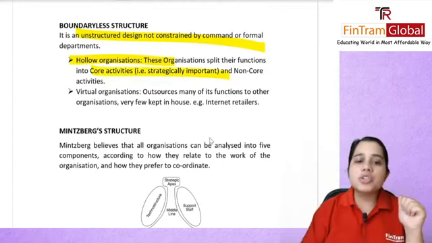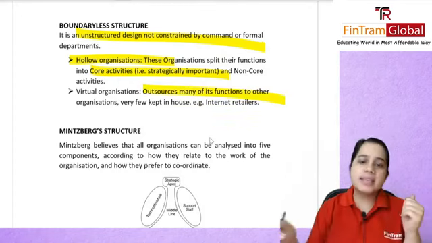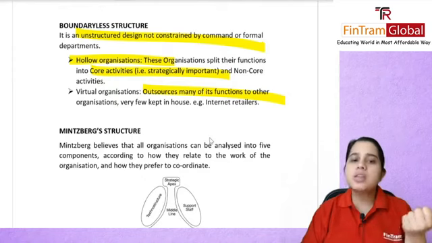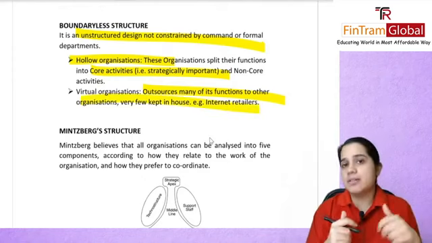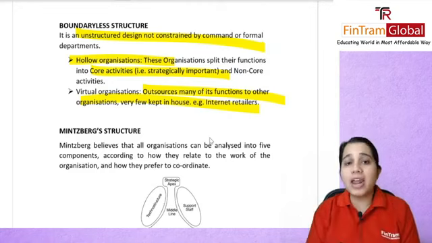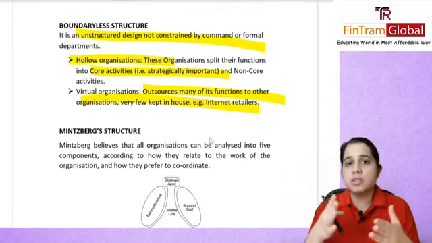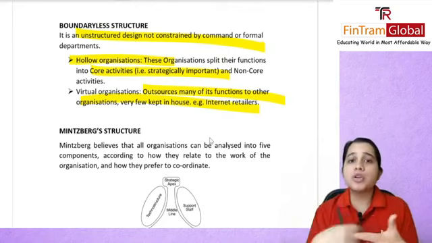Your virtual organization will outsource most of their functions to any other third party or organization, and only a few they'll keep in-house. The best example for this is your internet retailer. The companies that you do online shopping with, these platforms, are virtual organizations. They are not really set up somewhere. It's not like you go to a supermarket and buy something, right?